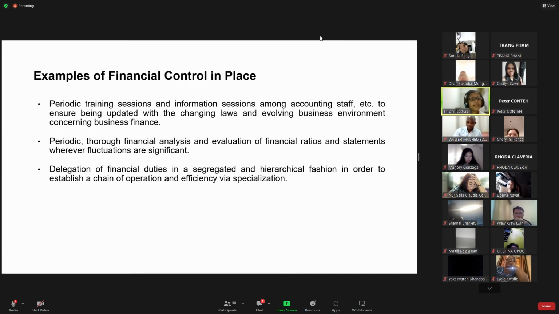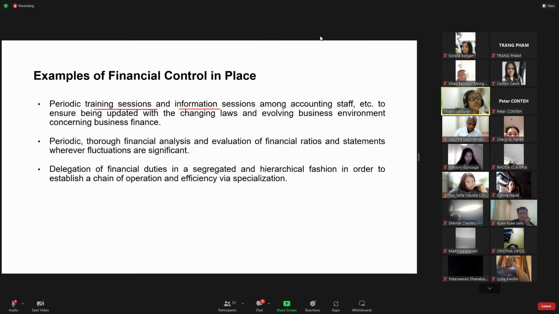And then periodic training sessions, we're still on examples, and information sessions among accounting staff, because generally there are accounting principles, and there could be new software introduced, more efficient ways of doing your job. So you can have training sessions or maybe share information.